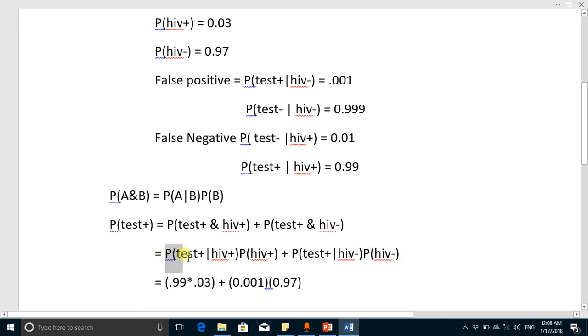This is the formula which will give us the total probability of test positive.